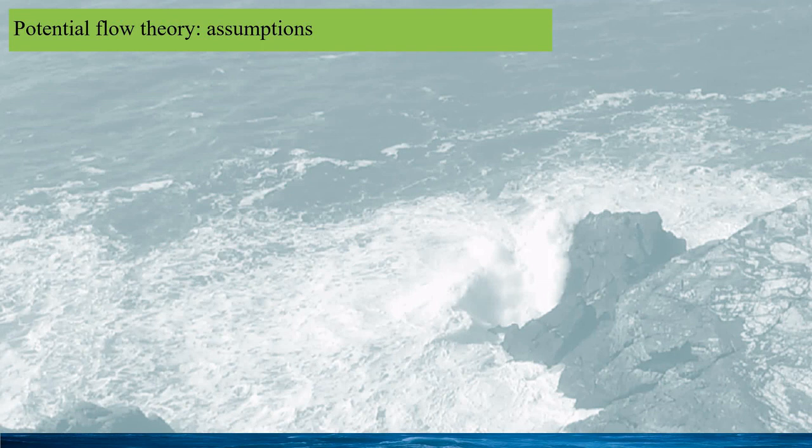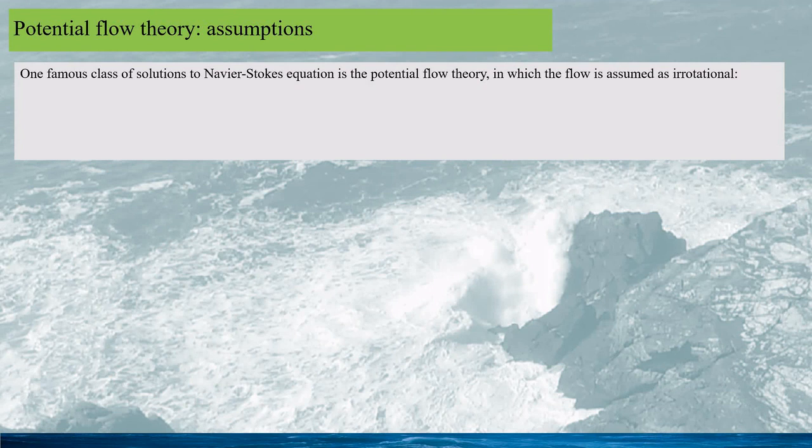For many practical problems, it might not be necessary to solve the full Navier-Stokes equation. Instead, for some flows, simplified methods can be used to solve the problem. One famous class of simplifications to the Navier-Stokes equation is the potential flow theory, in which the flow is assumed as irrotational.